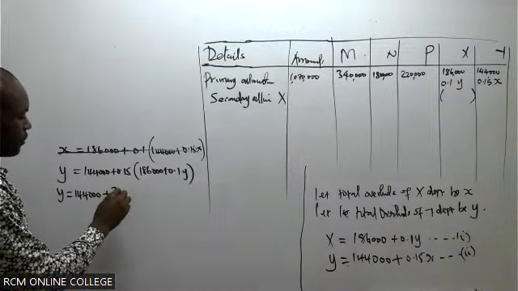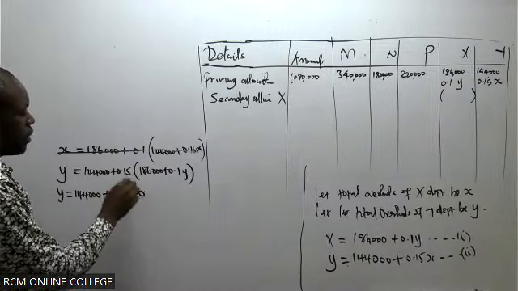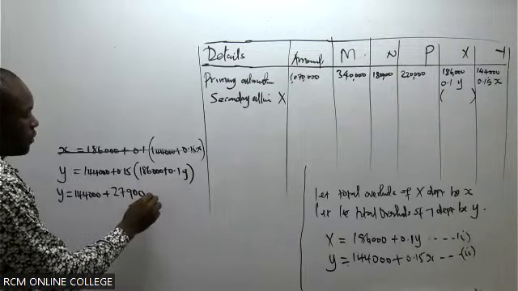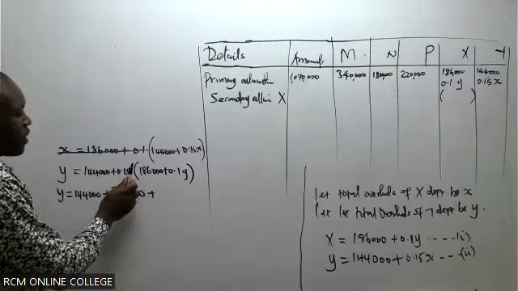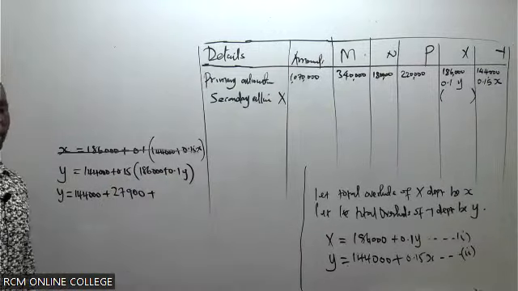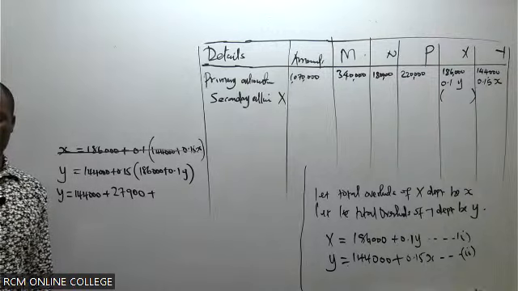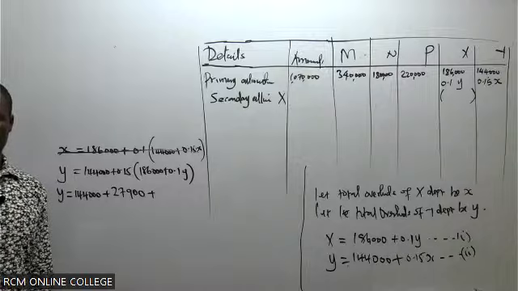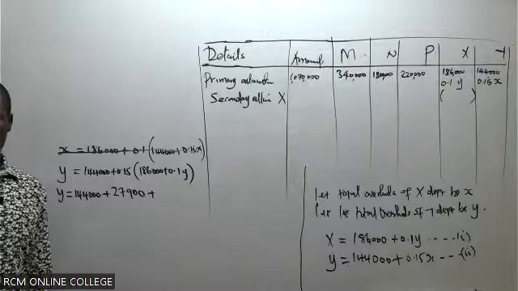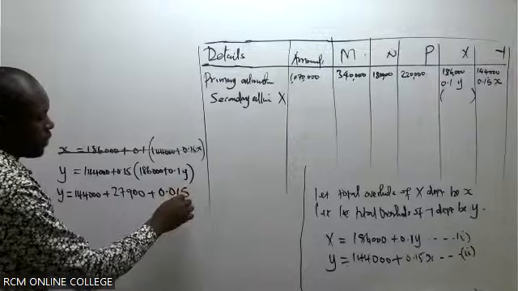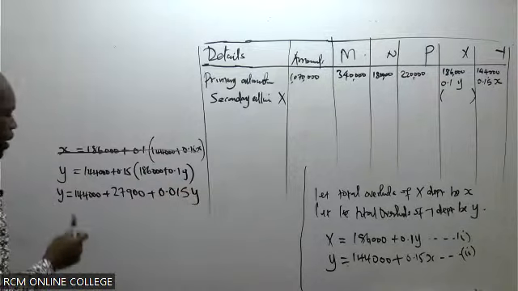So we have 27,900 plus, this is a positive multiplied by a positive, so you're going to have a positive 0.15 by 0.1. What do we get? 0.015Y.